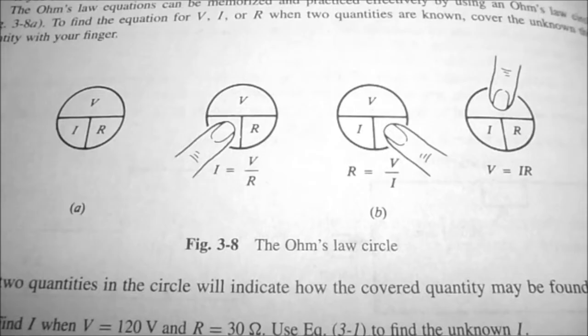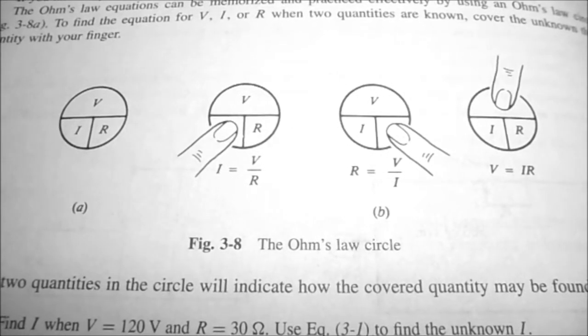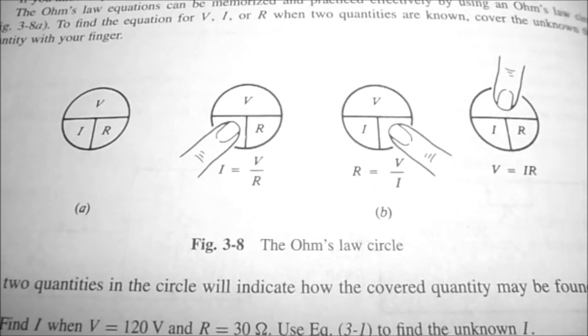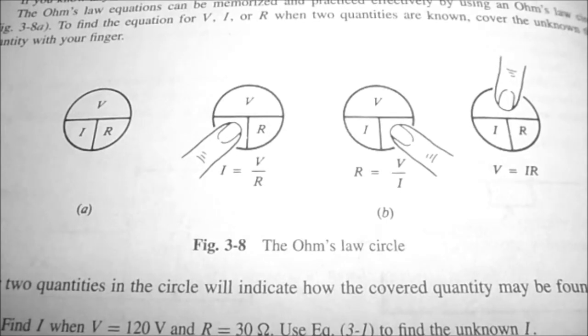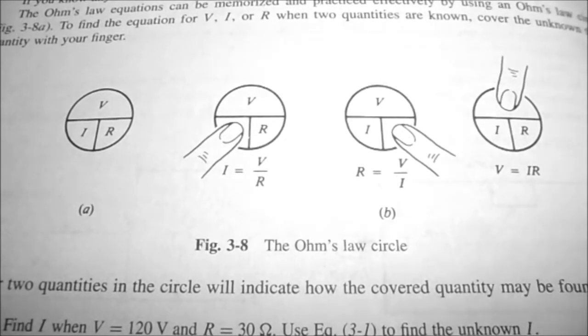And figure 3-8 shows you the Ohm's law circle. Now I've put it in a triangle on the front page of your lab for you, but you can see the 3 different arrangements of Ohm's law: I equals V over R, R equals V over I, and the standard format, V equals IR.